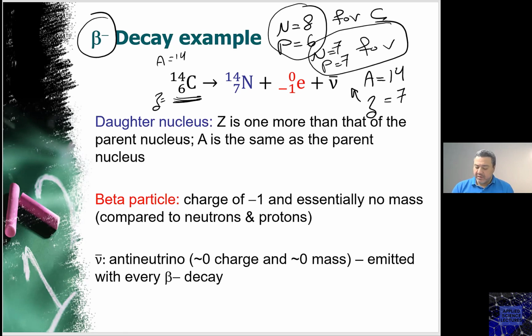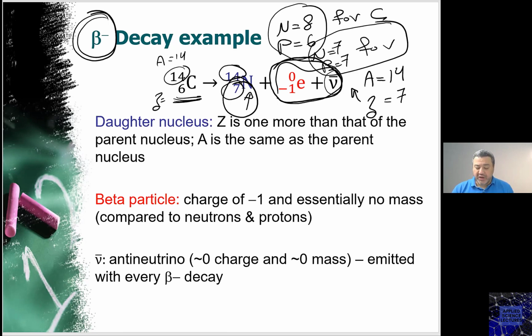And then I have the beta particle emission, which in this case is an electron plus an anti-neutrino, here denoted V. So the beta minus decay results in an electron emission plus an anti-neutrino plus a transformation in the nucleus such that the A number stays the same. However, the Z number will increase. So beta minus: increase in Z number plus the emission of one electron and one anti-neutrino.